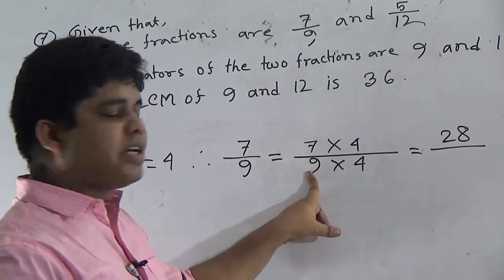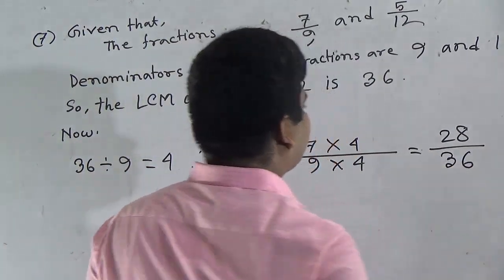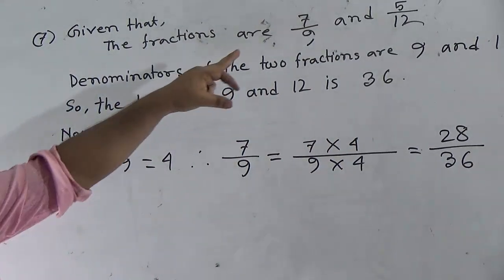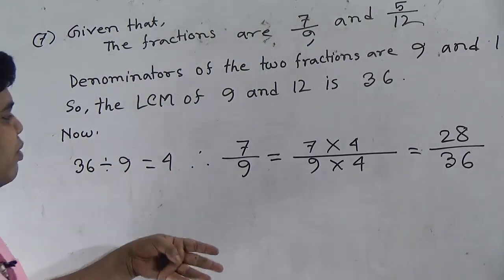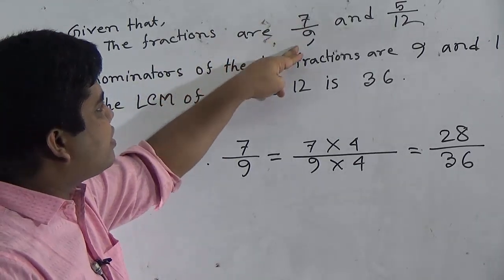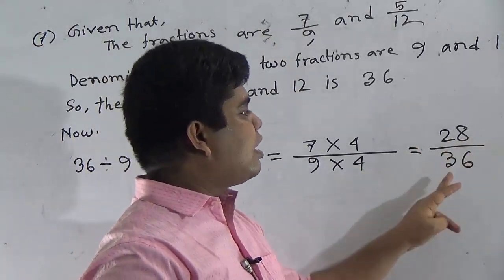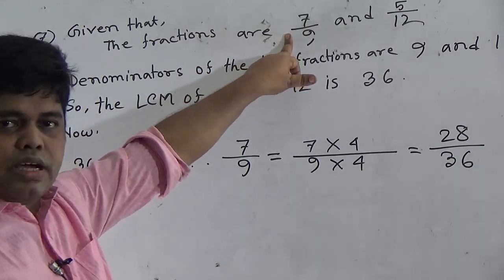And 9 fours are 36. My dear students, after dividing the LCM by the denominator of the first fraction, we get 4, and this 4 is multiplied with the first fraction's numerator and denominator both. After that we get 28 by 36. Okay, so the first fraction is done.